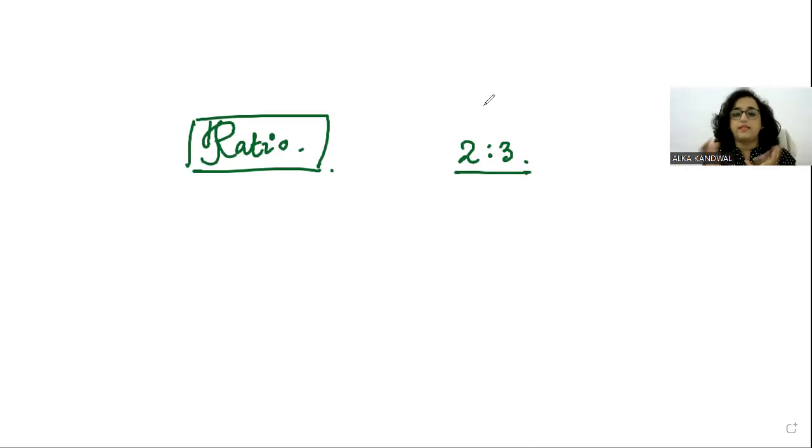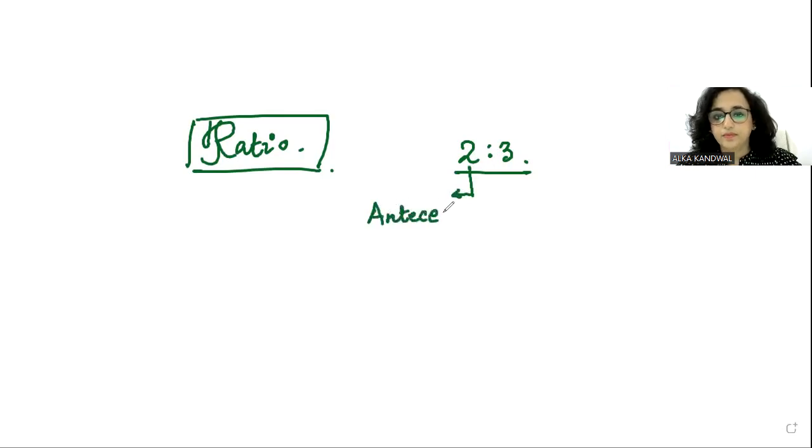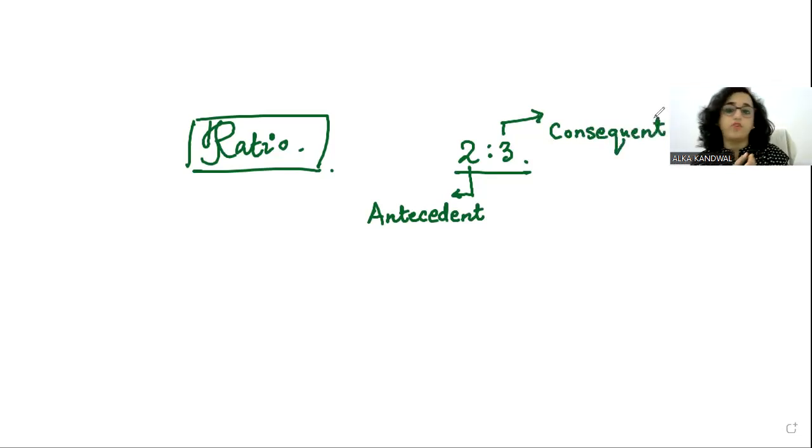It is a denominator. So in ratio, this is the antecedent, okay, and this is the consequent. Yes, so that is the very important thing which you all have to know.